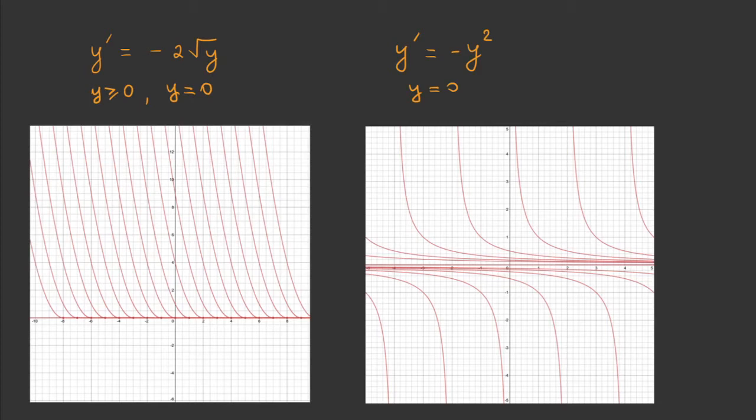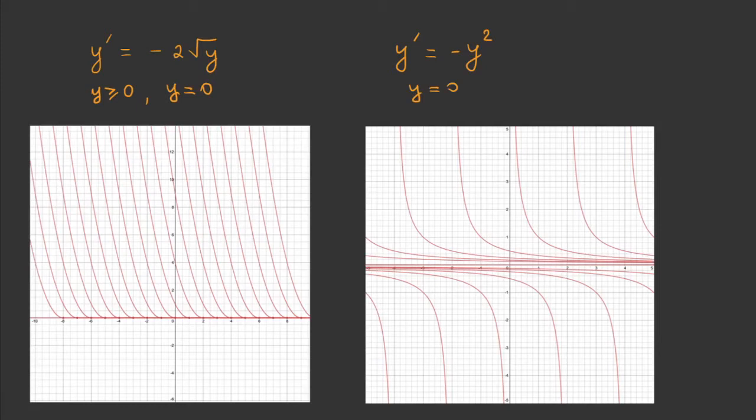On the right-hand side, the solution curves never meet. If you look at two different solution curves, they will not meet at a point. They do not intersect.